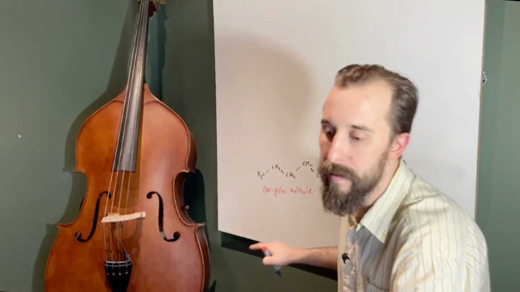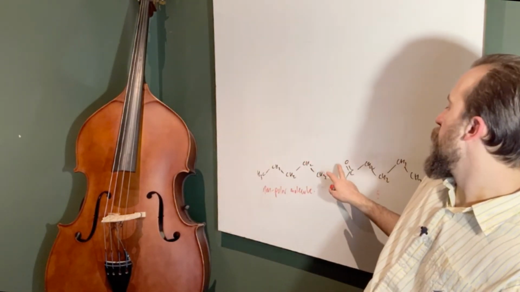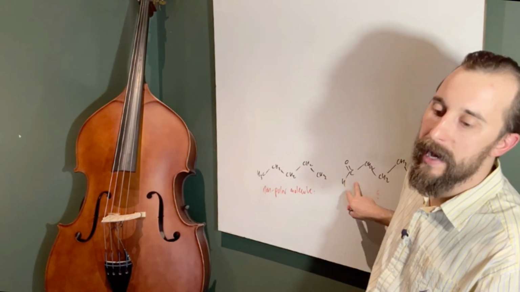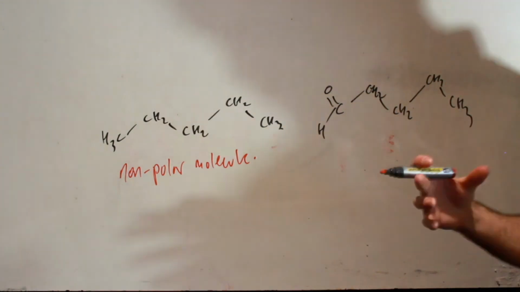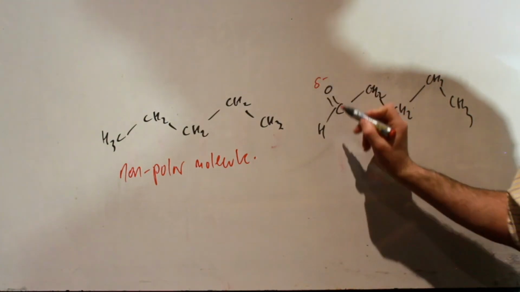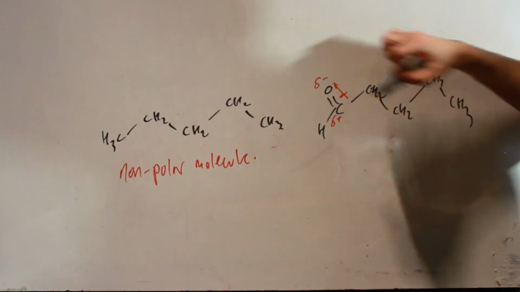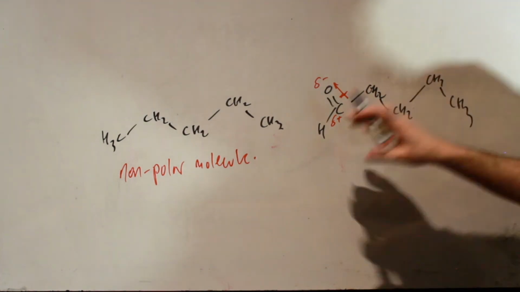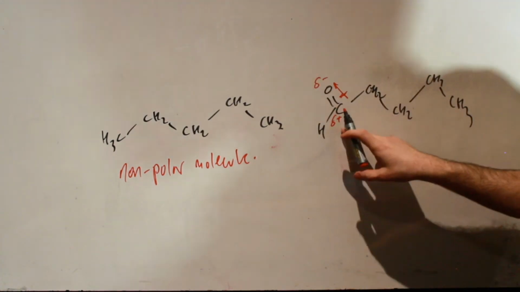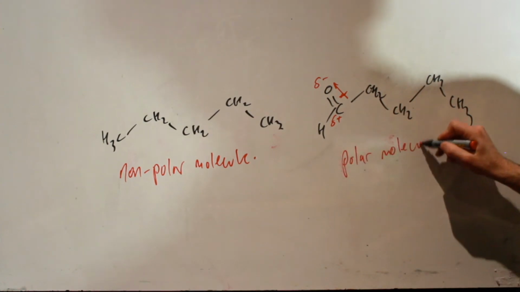Remember, it's all to do with the position relative to fluorine on the periodic table. So our oxygen, which is closer to fluorine than our carbon, is going to have a partial negative charge. It's going to hold that electron pair closer to itself. So this is a delta negative, this is a delta positive. We get a dipole down here. So we end up with a very clear non-polar end, but we have a very clear delta negative end and delta positive end. So we do have a polar molecule here.